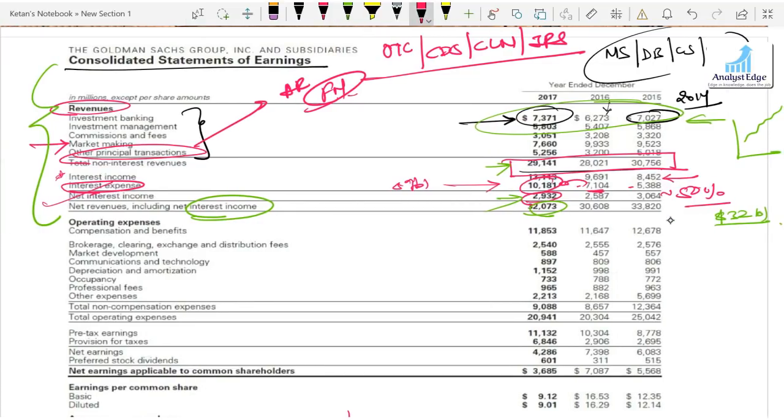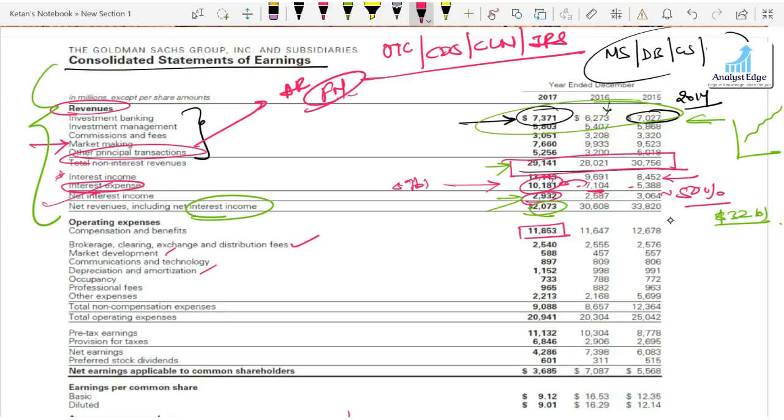Now, let's have a look one by one. So, if I look at operating expenses, what I have here is compensation and benefits, brokerage. So, this is normal, that's okay. Market development, that's okay. Depreciation and amortization is basically on the plant and equipment and all that, the retail that they bought. That's okay. Now, if I look at the numbers out here, the first thing that I check is this is around about 12 billion.